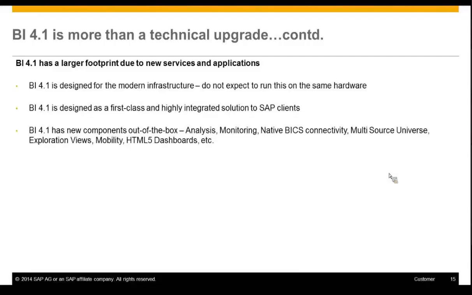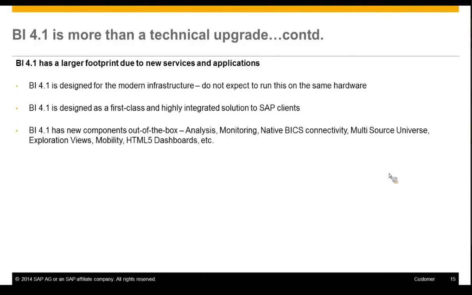The other important thing that I've seen in many situations is that, because it's a larger footprint, it has new components, new services, don't expect this to run on the same hardware as 3.1.